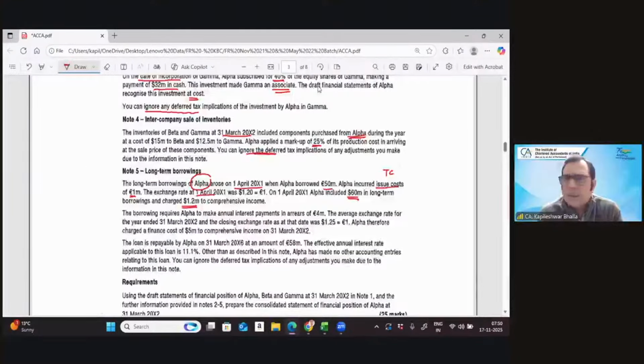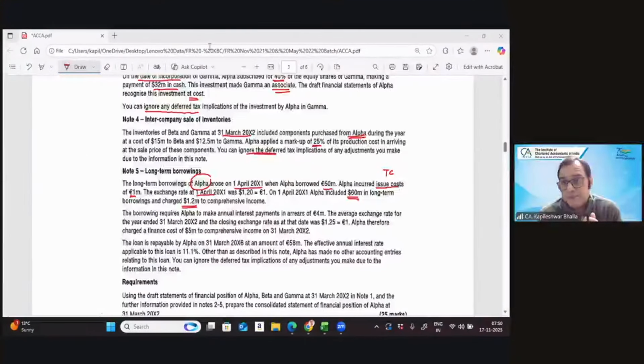Is this treatment done correct? What they've done is they've taken a long-term borrowing, which means it's a financial liability. And when they took the TC, they've taken the TC in the profit and loss account. So as per Ind AS 109, am I supposed to take the TC in the profit and loss? Is there any other thing which needs to be done? So if you recall in terms of 109, the TC in terms of a financial liability, is it adjusted in the financial liability amount?